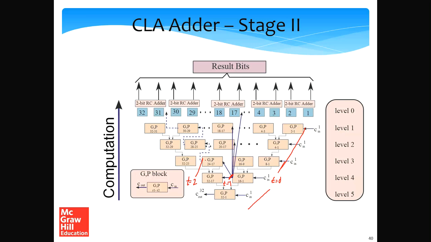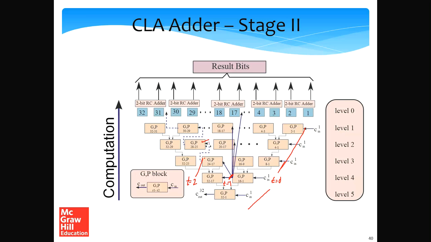So in this case, we will connect this with this block. There can be other blocks also, but let me just show one. So in this case, we'll connect it with this block. The range is 25 to 28, and since this block here produces a carry out at the 24th bit position, we should be able to connect it.